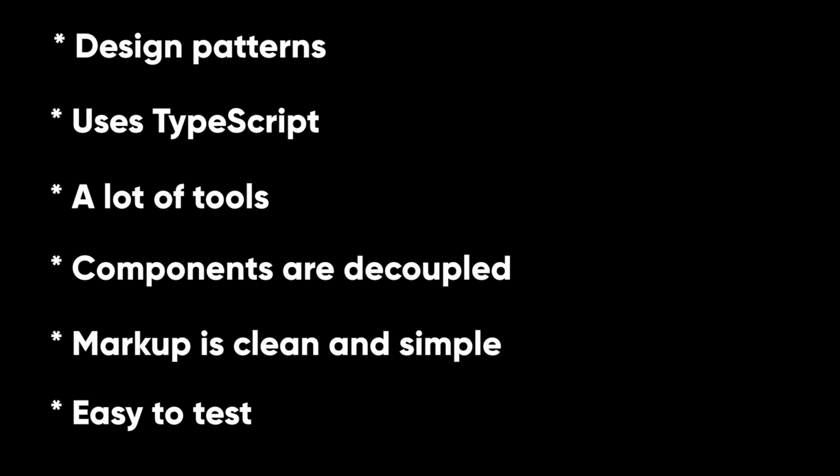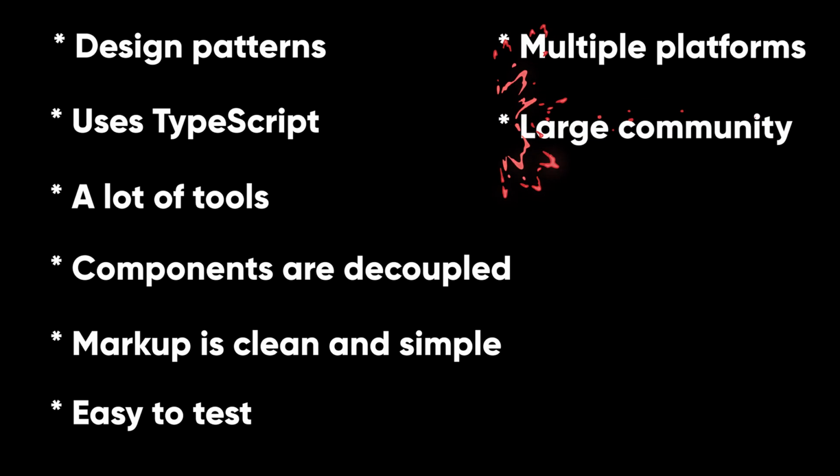Testing is at the heart. Angular is meant to be thoroughly tested, and it supports both unit and end-to-end testing. Angular is mobile and desktop ready, meaning you have one framework for multiple platforms. Angular is actively maintained and has a large community and ecosystem. You can find lots of materials on this framework as well as many useful third-party tools.